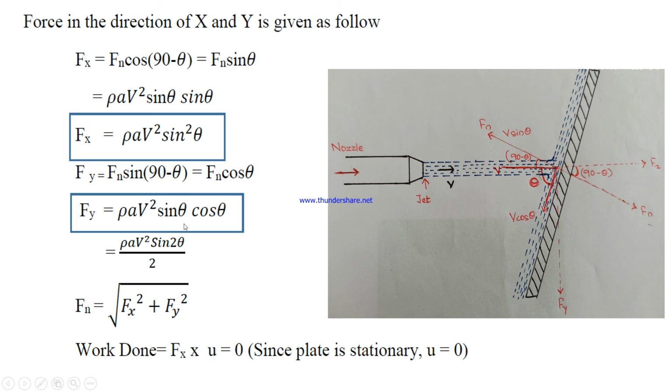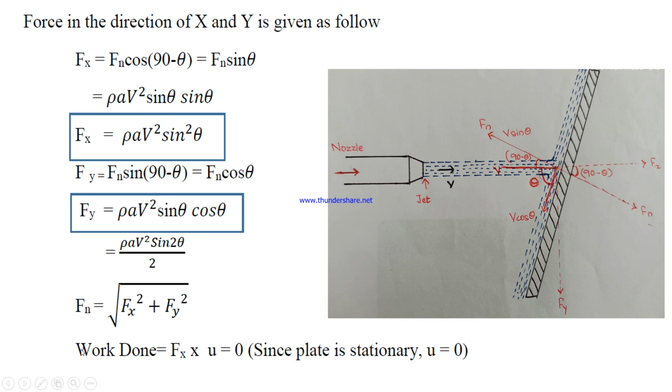By substituting the value of Fn, we get Fy equals rho A v square sin theta cos theta, and sin theta cos theta is sin 2 theta upon 2. So we have obtained the values of Fn, Fx and Fy. We have already studied in mechanics that Fn square equals Fx square plus Fy square, or the force Fn equals root over of Fx square plus Fy square.